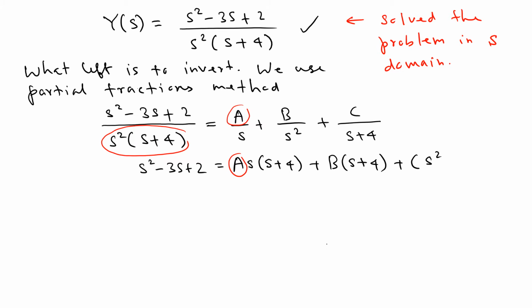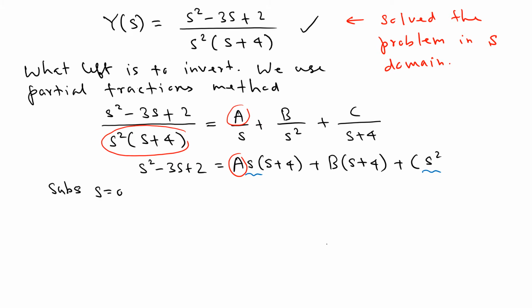So we're going to find as much as we can first, and then go for A. If you look at B and the other two terms, you can see that s is common to the other two. Since s is common, we're going to set s equal to 0. So substitute s equals 0.